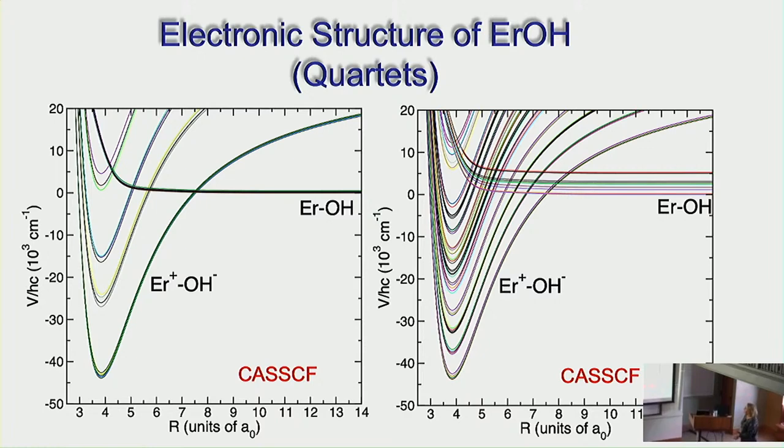So you may wonder what kind of splittings, what about? So all these potentials, here's a little split, but if you look at a different scale, of course, it's a significant difference. They all actually go to the same limit at long range, but the difference between those is the orientation of the F electron.